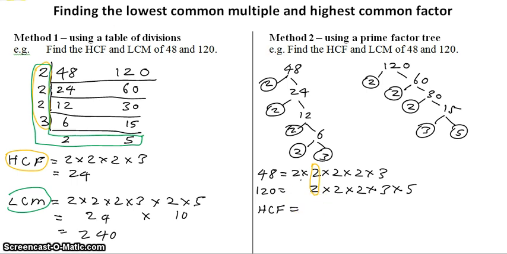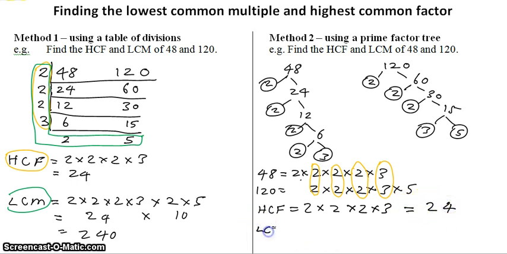There's another 2 in each, which you can see next to it. There's another 2 in each. And there's a 3 in each. So what we're looking at here then is that we've got 1 2, another 2, another 2, and a 3 are all in both. Okay, that gives you, just as it did before, 24.